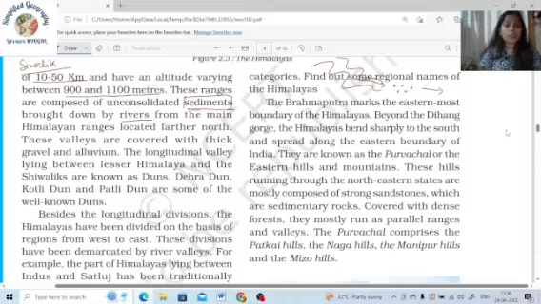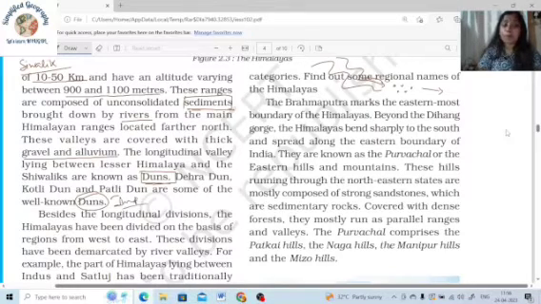So sediments are brought down by the rivers from the main Himalayan ranges located farther north. These valleys are fully covered with thick gravel and alluvium. The longitudinal valleys lying between the Lesser Himalaya and the Shiwaliks are known as the Duns: Dehradun, Potli Dun, Patli Dun. All these terms are very well known to us, right? So what are these duns? The longitudinal valleys lying between the Lesser Himalayas and the Shiwaliks are known as duns.